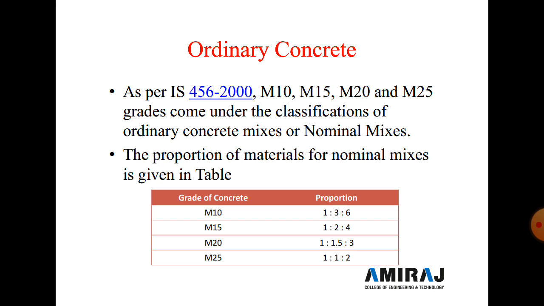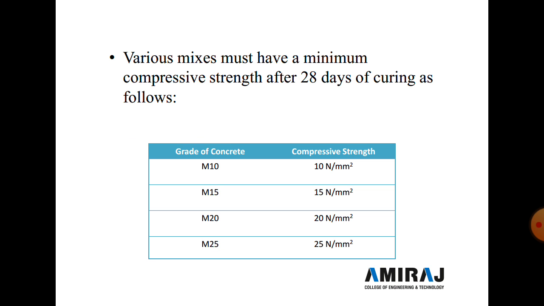If we prepare M10 grade concrete, the proportion is 1:3:6. One part of the cement, 3 parts of the sand and 6 parts of the aggregate are mixed properly, and we prepare 3 molds of 15 centimeter by 15 centimeter by 15 centimeter.